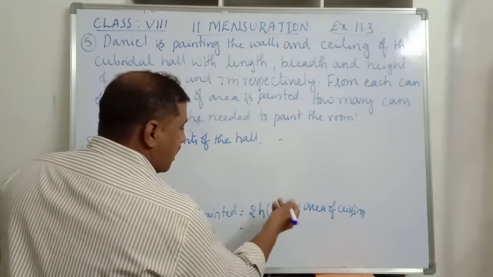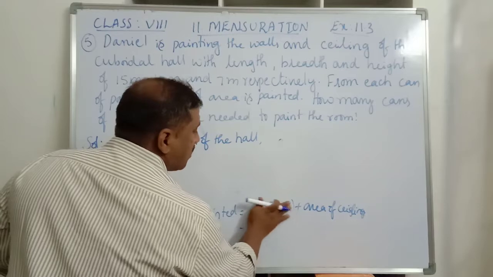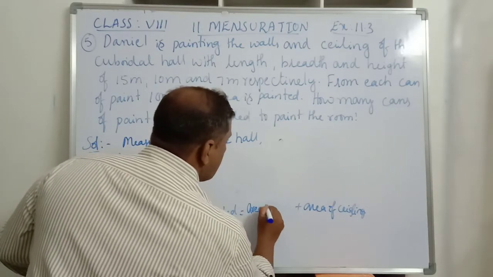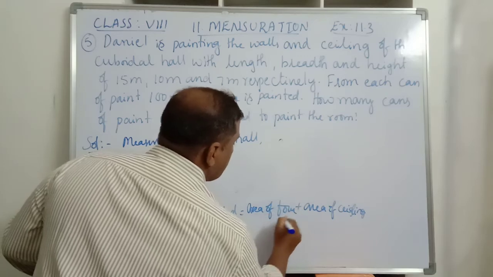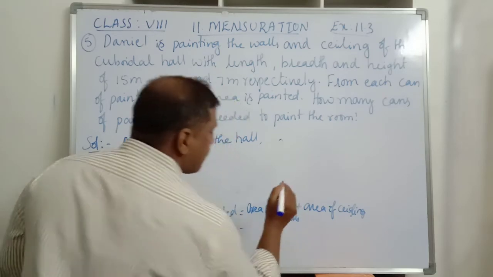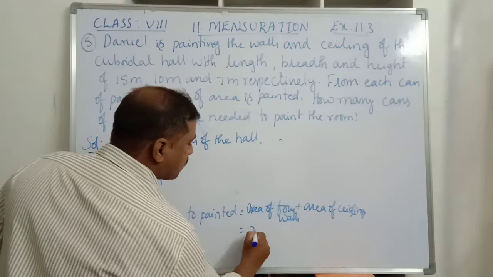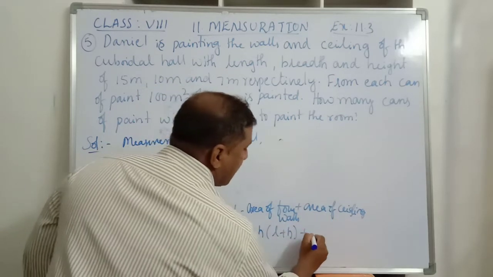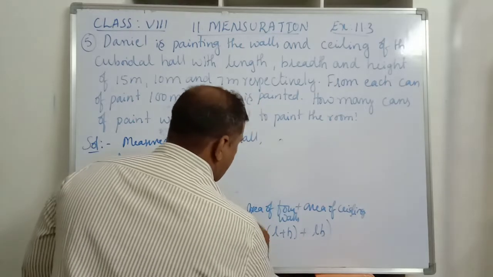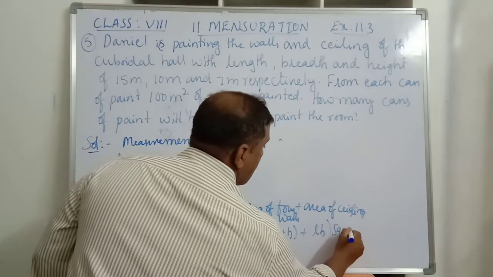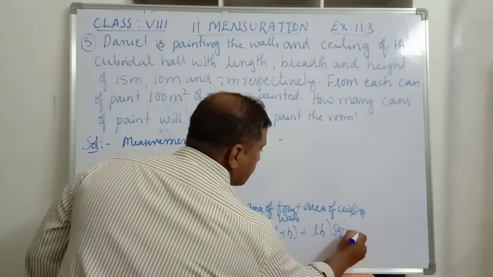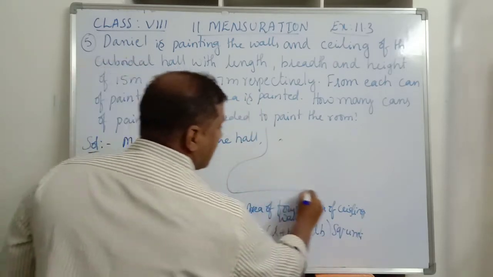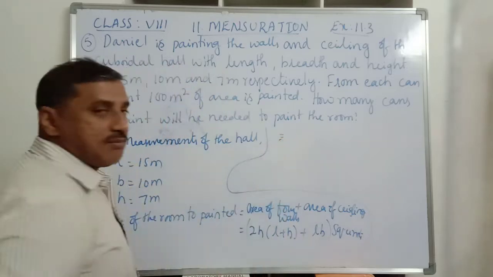So here you can write area of 4 walls plus area of ceiling. So area of 4 walls formula is 2 into h into L plus B, plus area of ceiling it is L into B square units. Now you substitute the values in the formula so that we can find the area which is painted.